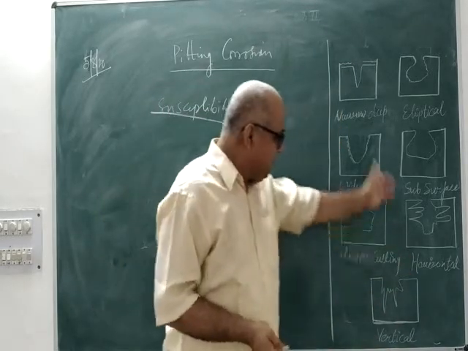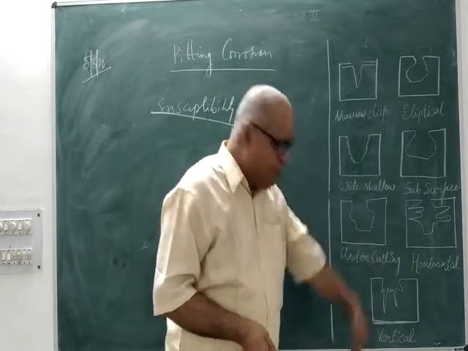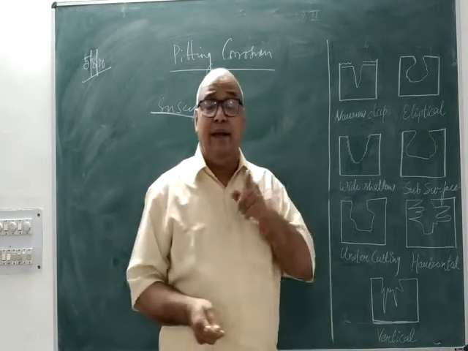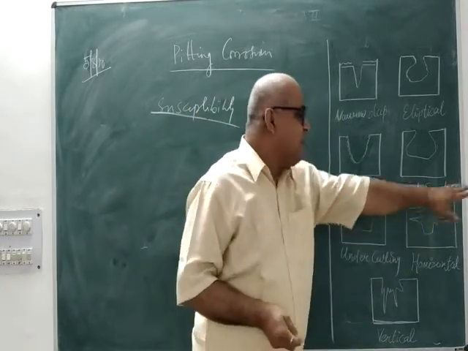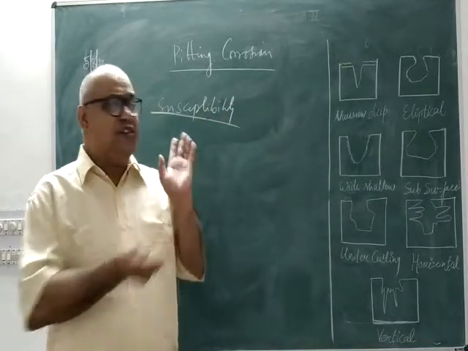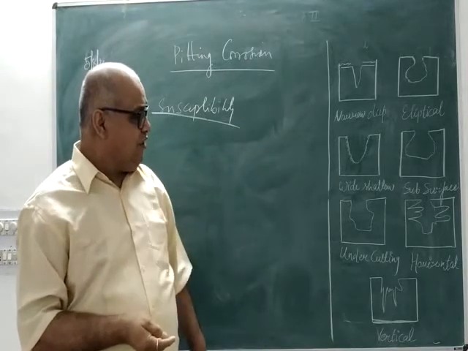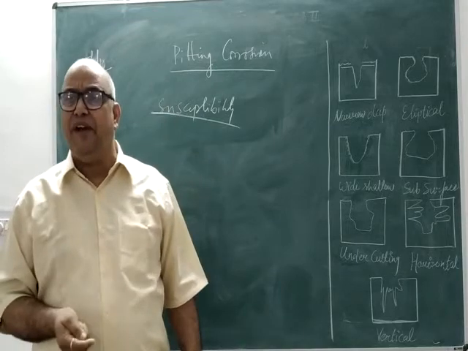You can understand by the name itself: if it is vertical, the pit is expanding vertically, and if it is horizontal, it is expanding horizontally. Because of pitting corrosion, these seven different kinds of cavities may result.